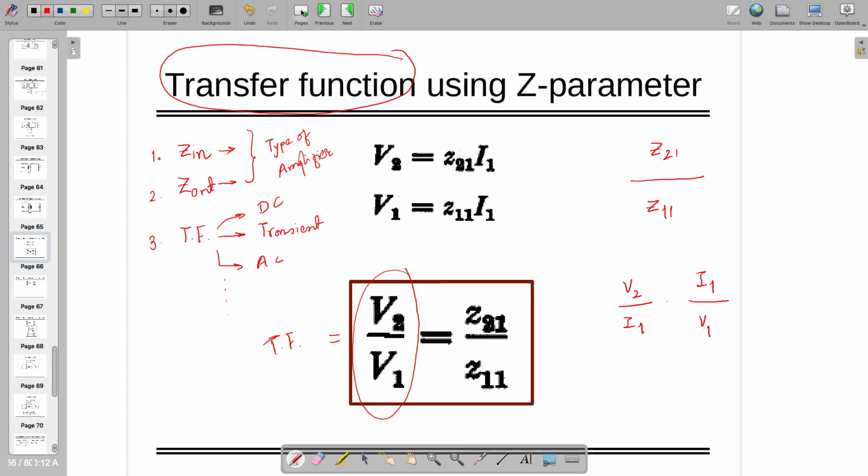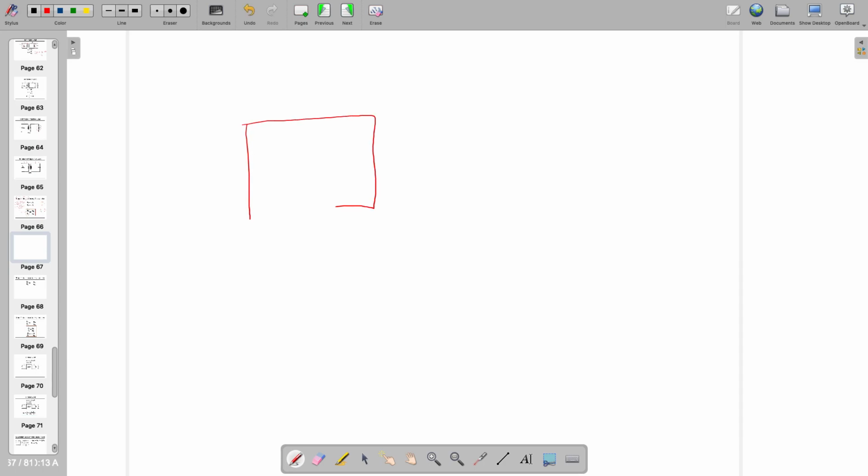If there is an amplifier which is a voltage controlled current source, and there is an amplifier which is a current controlled current source, you cannot directly connect them together, right?